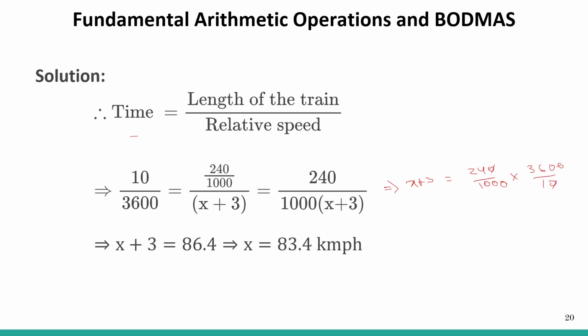So this is equal to 24 by 10 into 36. Okay. So this will be nothing but 86.4. So x plus 3 is equal to 86.4, and x is equal to 83.4. So the relative velocity will be 86.4, whereas 83.4 will be the actual speed of train.